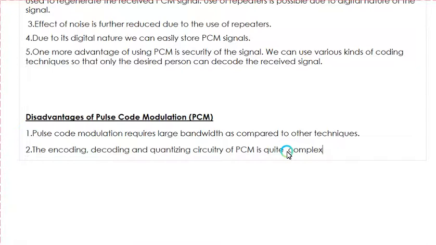So number one nga disadvantage, dako-dako ang bandwidth nga required kag compared sa iba nga techniques. And ang iyang circuitry or ang circuit nga ginagamit for PCM is quite complex. And this contributes to the disadvantage of this type of modulation.